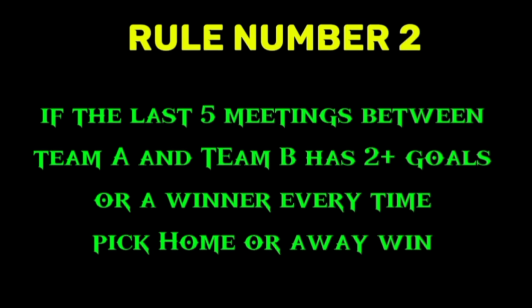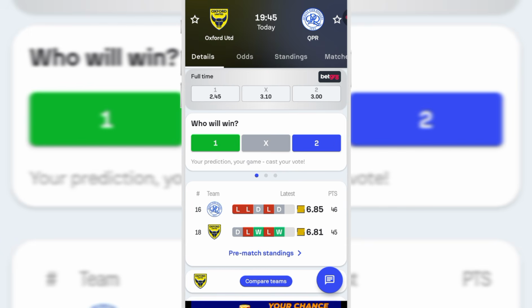So now let's go. If the last 5 meetings between team A and team B ended with at least 2 goals or a winner every time they meet, it is a sign that that particular game is not going to have a draw, or even if it does, the probability of a draw is going to be very, very low.